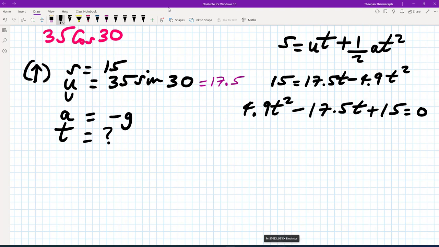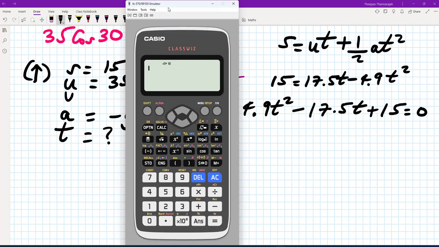Now, we can use our calculator to solve that, as we've shown in previous videos. So if it's alpha and minus, polynomial, it's a quadratic. Let's type in our coefficients, 4.9, minus 17.5, and 15. And the calculator will give us two time points.